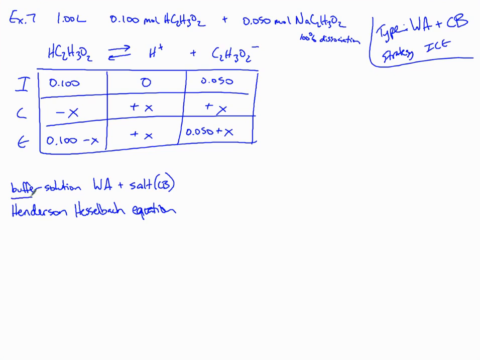Henderson-Hasselbalch equation for buffer solutions. This is on your AP formula sheet. And so looking at this equilibrium expression, this is a generic one. Here's your hydrogen concentration, here is your anion concentration, and here is your weak acid concentration.